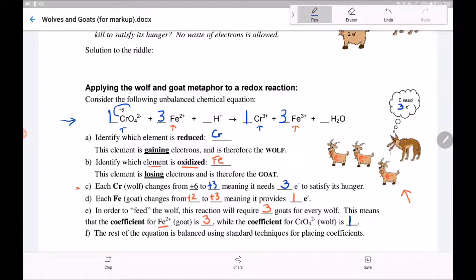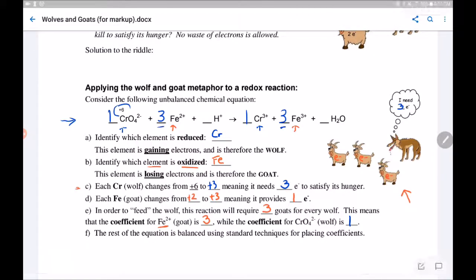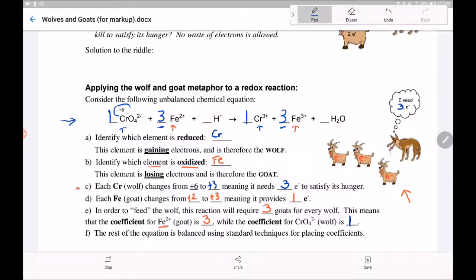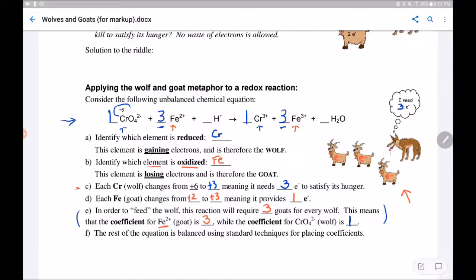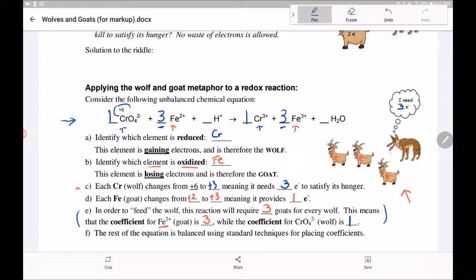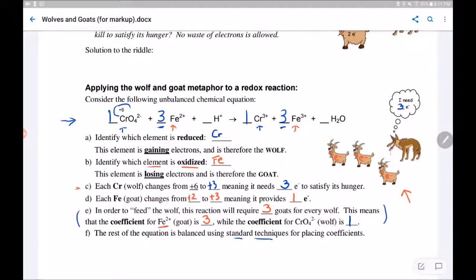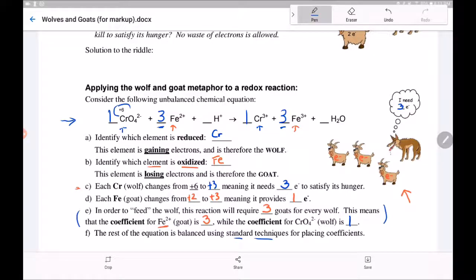So you can see that the numbers carry over from side to side. 3 iron atoms in the beginning mean 3 iron atoms in the end. So this 1-to-3 ratio is key to balancing the equation. The rest of the equation, you see there's only 2 spaces left for the H+ and the H2O. That's balanced using standard techniques. We just look at the atoms and count them.